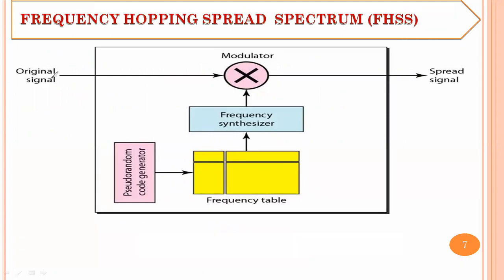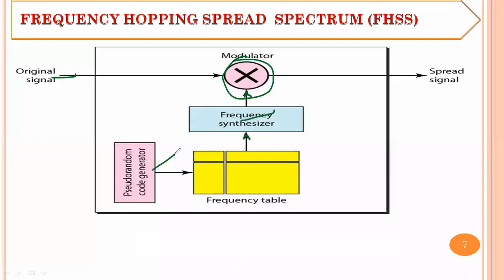See, this is the original signal, and one modulator is being used. At this modulator, the frequency synthesizer is there. A pseudo random code generator, called pseudo random noise, creates a k bit pattern for every hopping period.